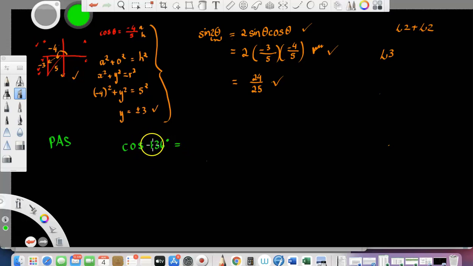So cos of 136 is cos of 180 minus 44. You're just rewriting this as a different value. Now I can see this is in the second quadrant, and so this becomes negative cos of 44 degrees.